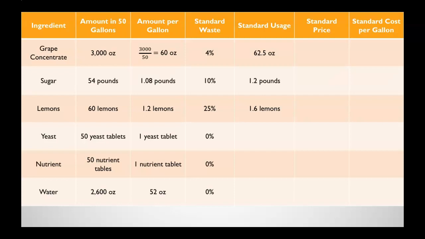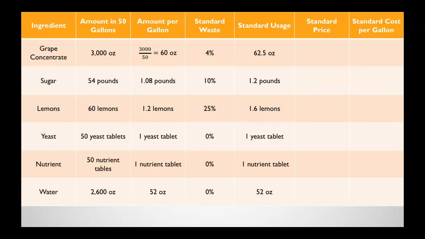We need 62.5 ounces of grape concentrate, 1.2 pounds of sugar, 1.6 lemons to make up for that waste that we had in our ingredients. Now, yeast, nutrient, and water don't have any waste, so their standard usage is the same as the amount per gallon that we've already calculated.